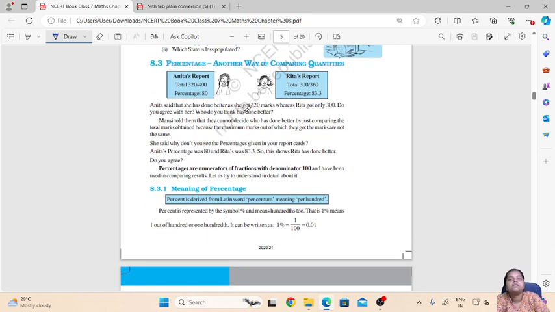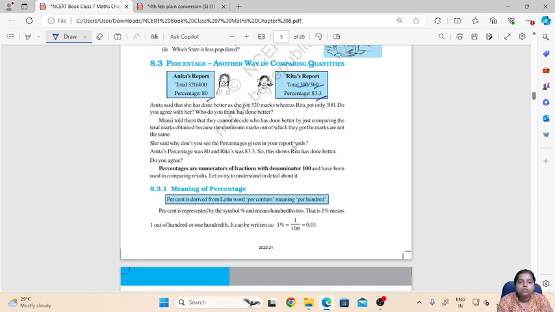Here is one example which they have given. Anita's report card is given, and Rita's. Anita got 320 out of 400, and Rita got 300 out of 360. The percentage is also given: Anita's percentage is 80% and Rita's percentage is 83%.